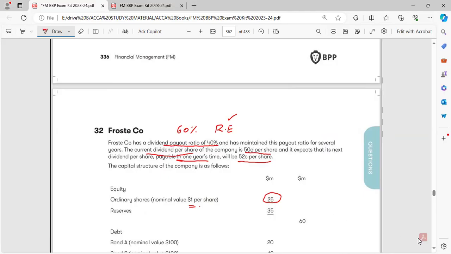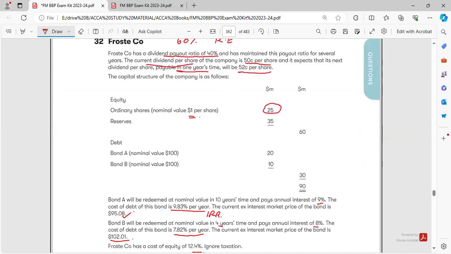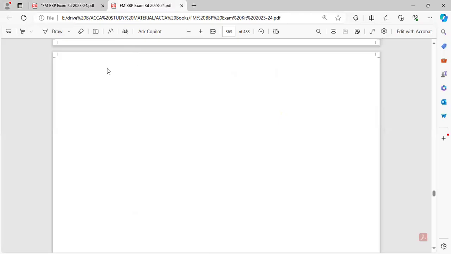Retention rate is multiplied with return on equity. And do we have the return on equity in this question? We are provided the value of the equity, but we are not provided with the return on equity. So what to do? We have to calculate the growth rate by using the dividend between the 2 years.